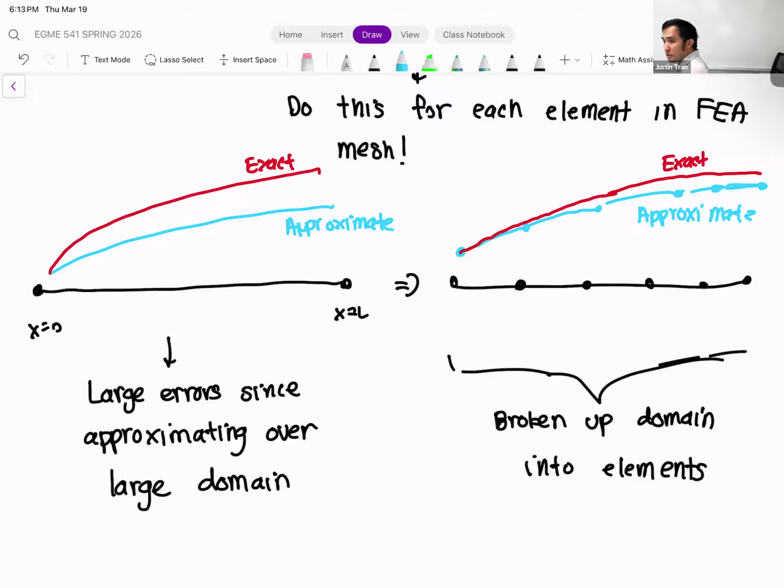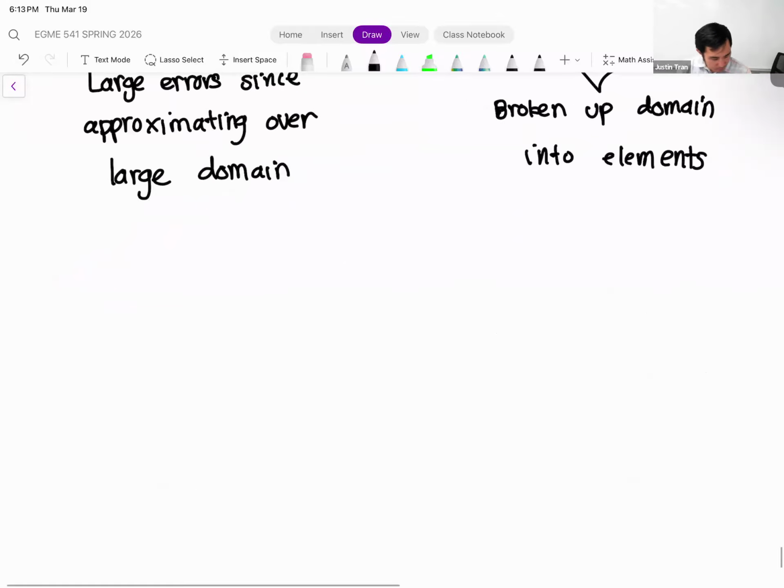All right. Any questions on this so far? Okay, all right. So let's go ahead and start building up this idea. First thing we're going to discuss is the requirements of our finite element solution.